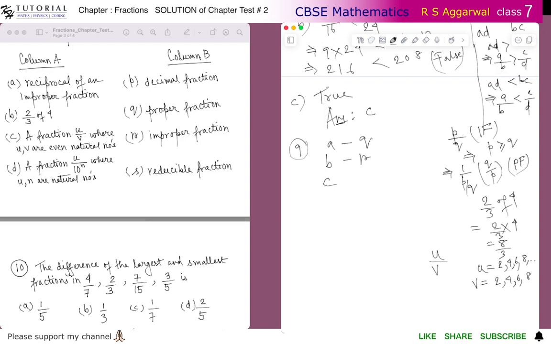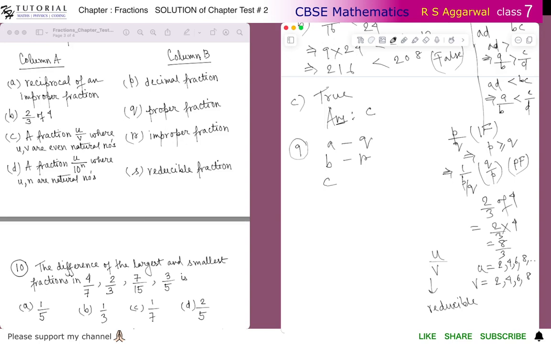Whatever it be, we can see that we can have a common factor 2 in both U and V. So definitely U by V can be reduced further by cancelling out the factor 2 from both the U and V. So this should be reducible, since both U and V will have a common factor 2, and we can divide both U and V by 2, which will create a fraction in a further reduced form.